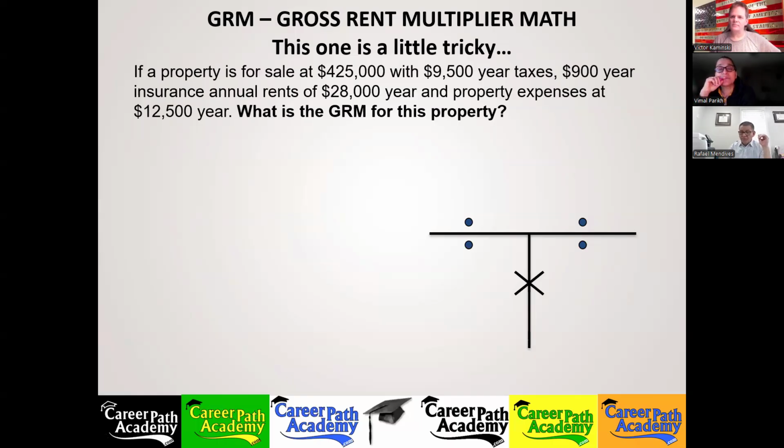The property value, 425,000, and then the gross monthly income. For the property value you don't have to calculate anything. The number's already there. Read the problem.